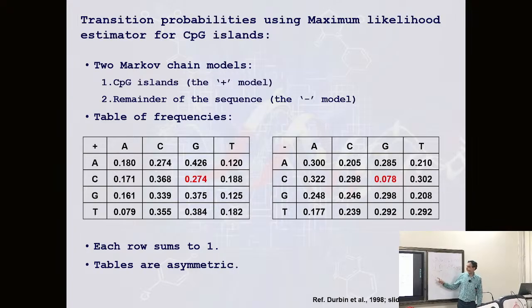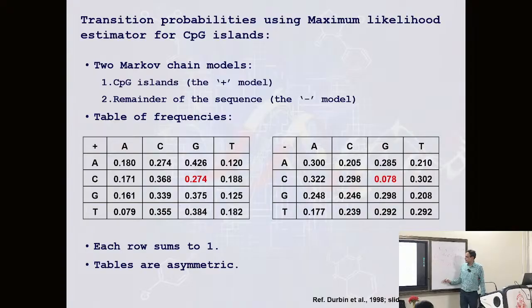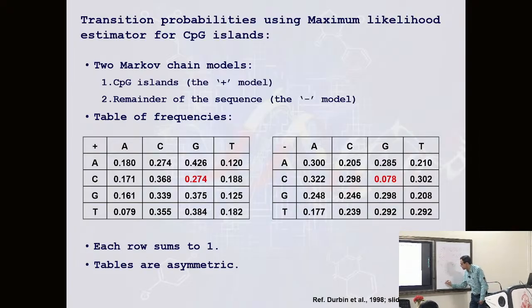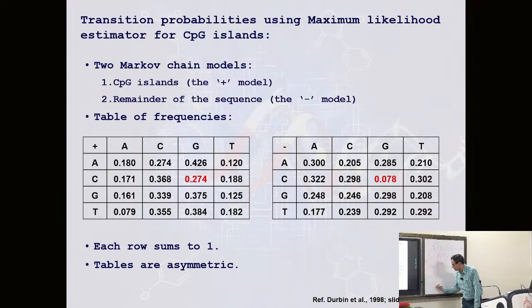CpG sequence. And if you are taking the logarithm, the likelihood greater than 1 means log greater than 0, since log 1 is 0.